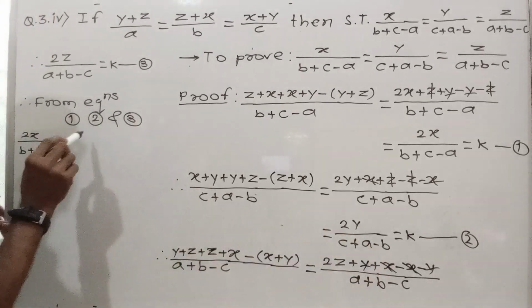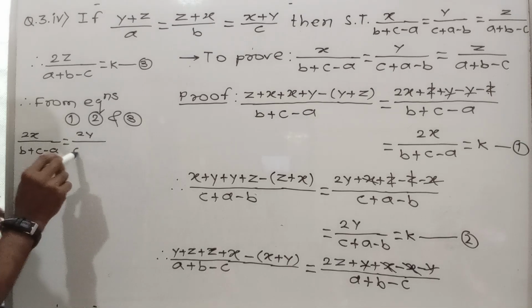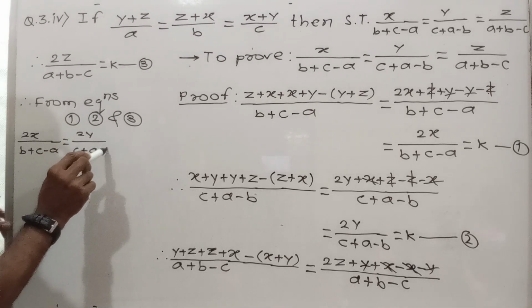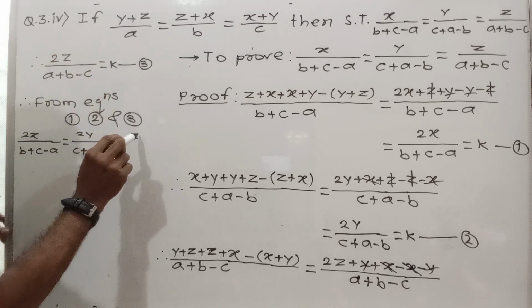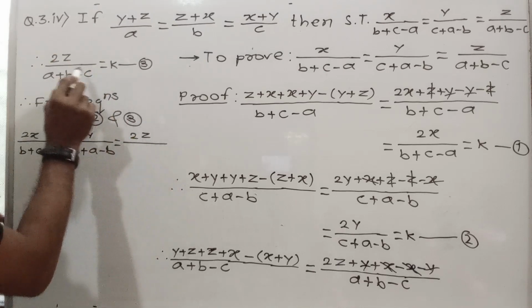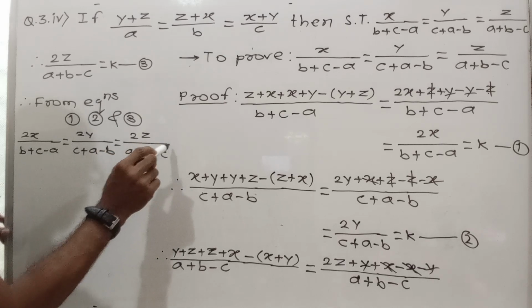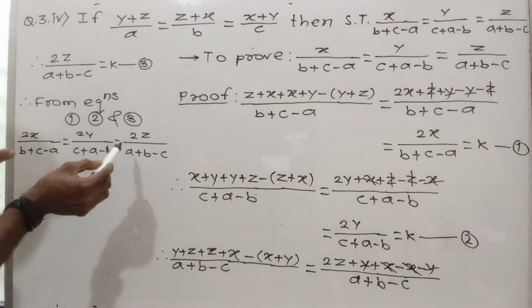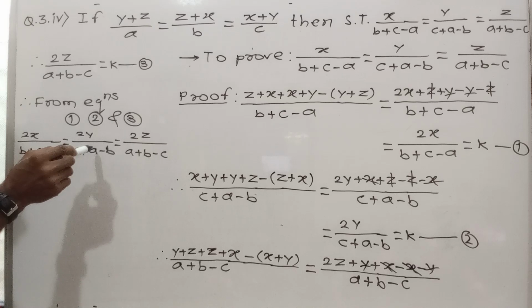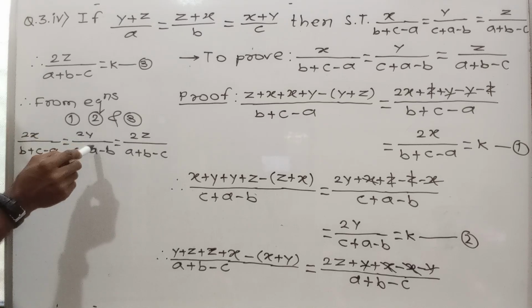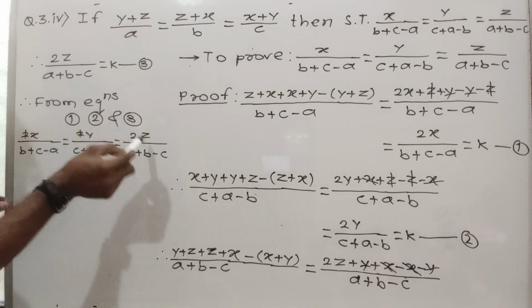Then second, 2y upon (c plus a minus b) is equal to third, 2z upon (a plus b minus c). Did you understand? All these three ratios are equal. Now this ratio is equal to this ratio. So 2 cancels.